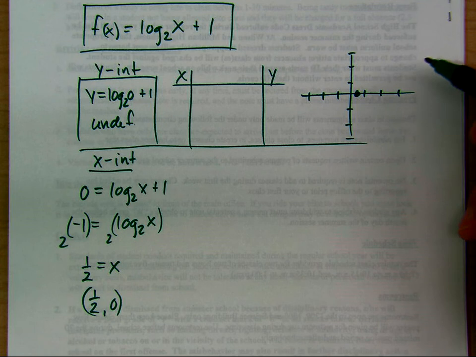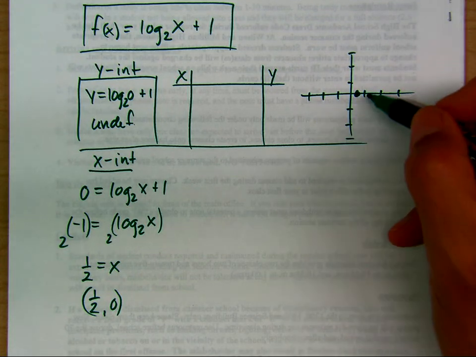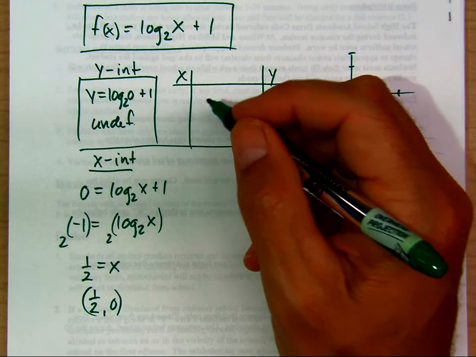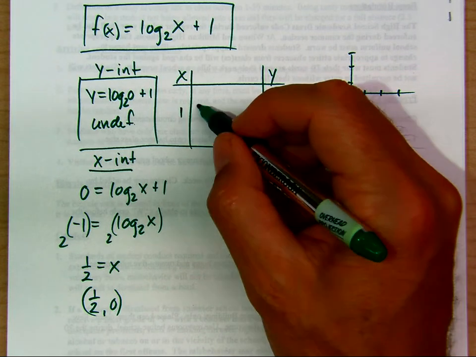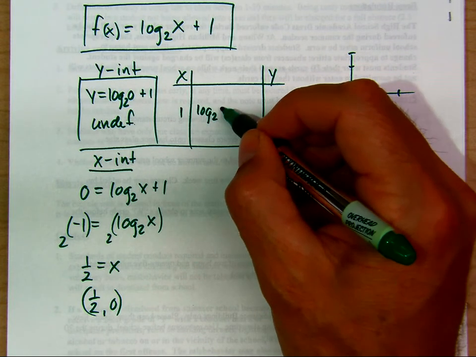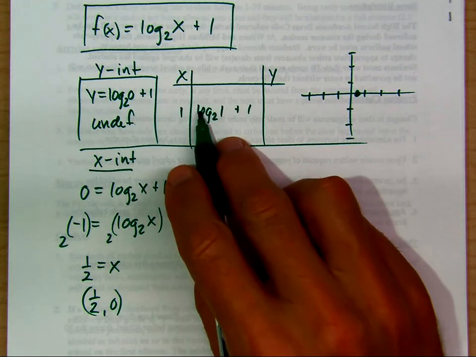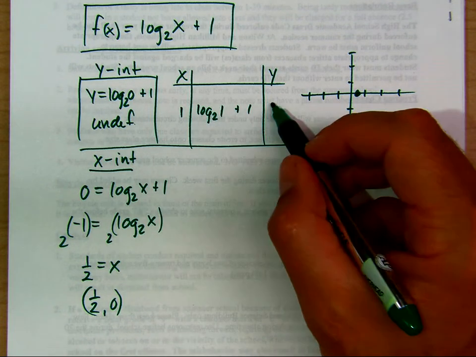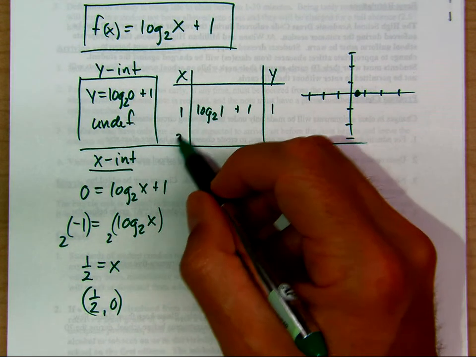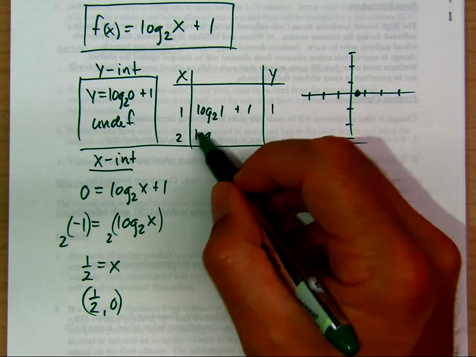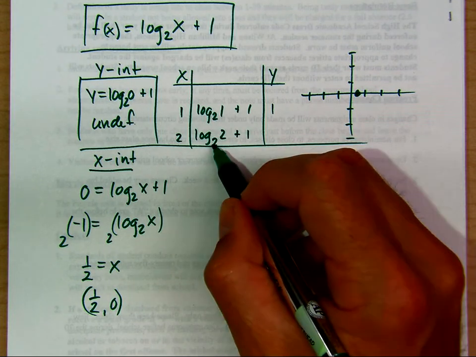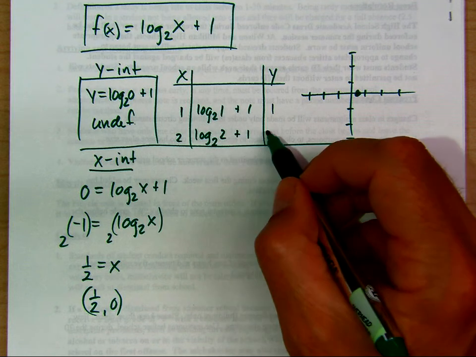And let's see what's happening at 1. Log base 2 of 1 plus 1. To what power do you raise 2 to get 1? 0 plus 1 is 1. And then find the exponent of 2 that gives you 2. What exponent of 2 gives you 2? That's 1 plus 1.